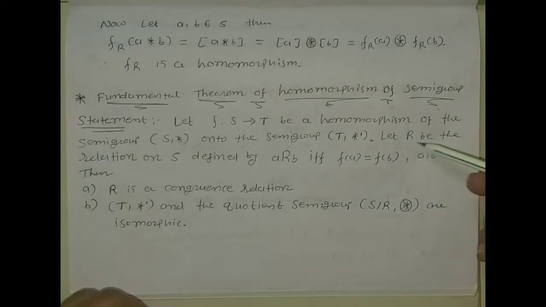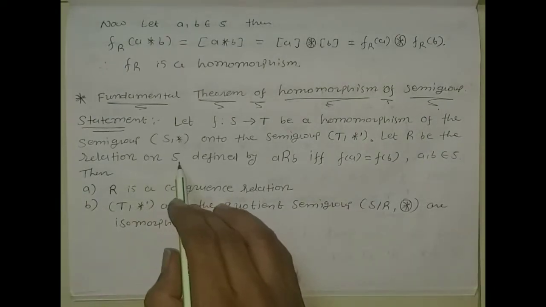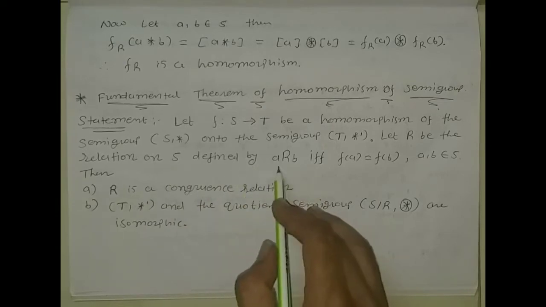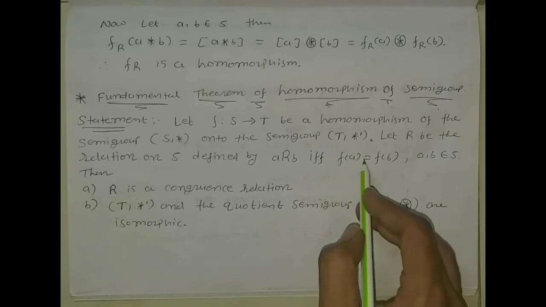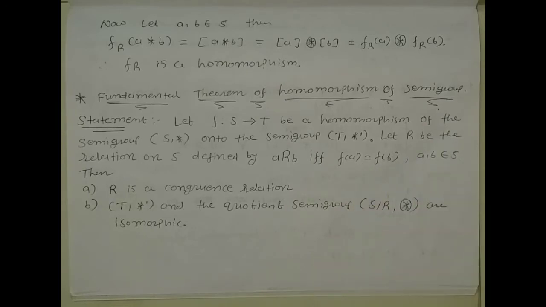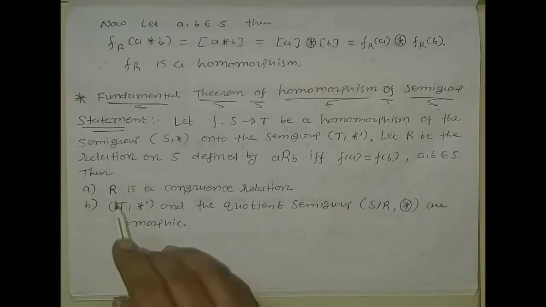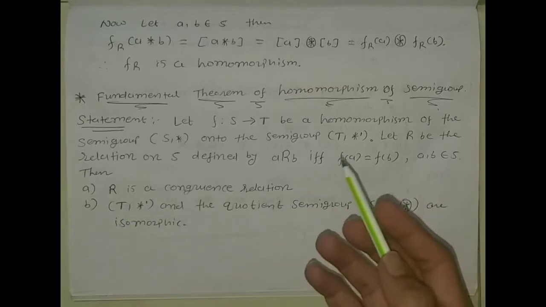Next, let R be the relation on S defined by A R B, that is, A is related to B if and only if f of A is equal to f of B, where A, B belong to S. Then R is a congruence relation. That is the first thing.